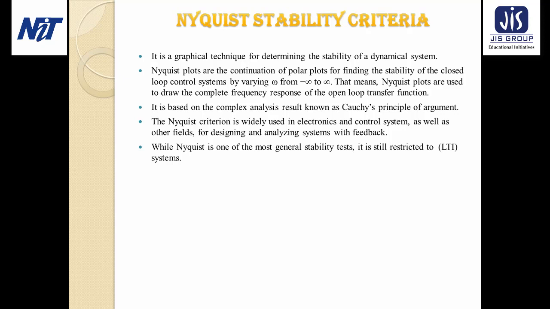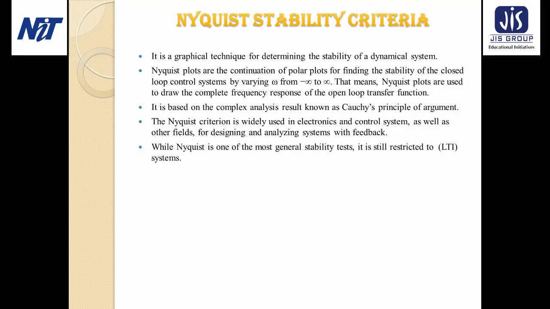The relative stability is related to the settling time. A system with poles farther away from the imaginary axis in the left half is considered relatively more stable when compared with a system having poles close to the imaginary axis.